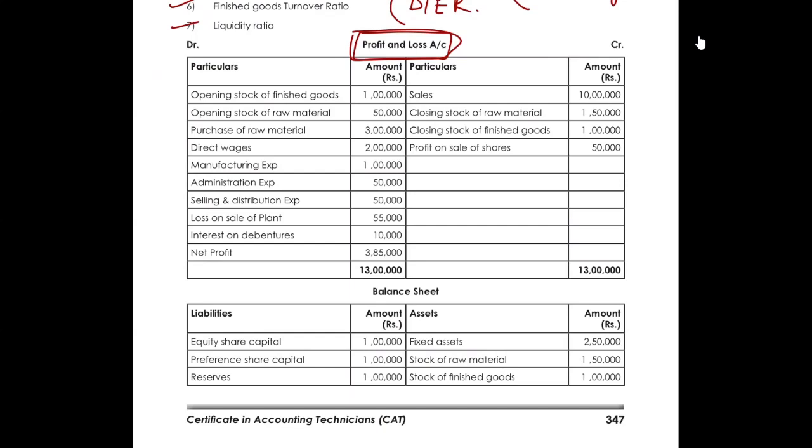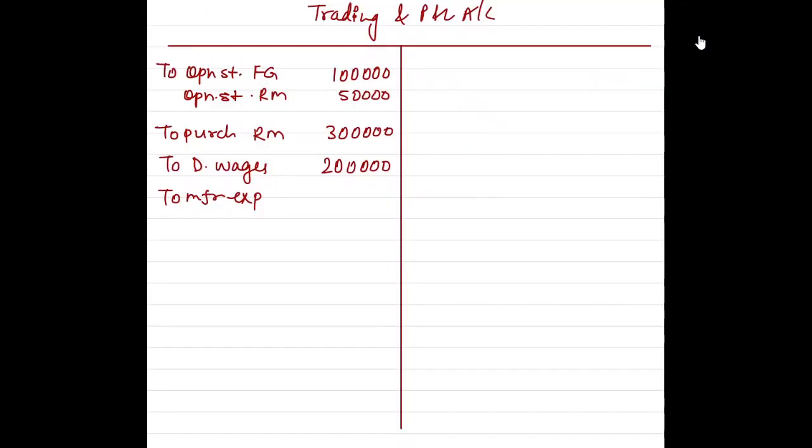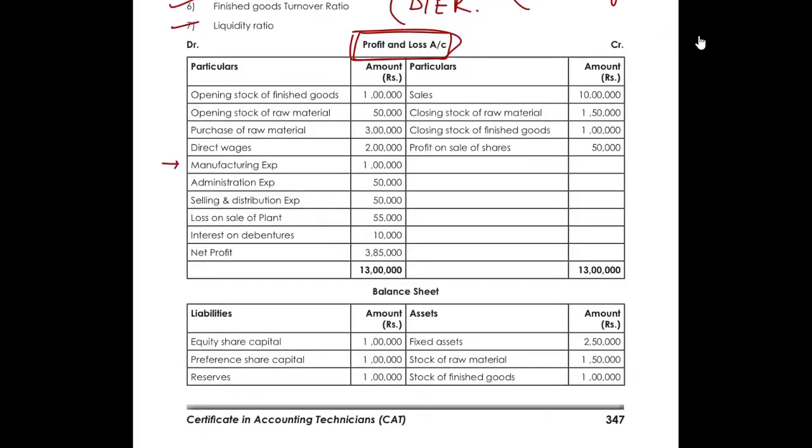Okay. Moving on, we have manufacturing expenses. We can assume that these manufacturing expenses relate to your direct expenses. So this would give you your 1 lakh rupees. Then we have administration.